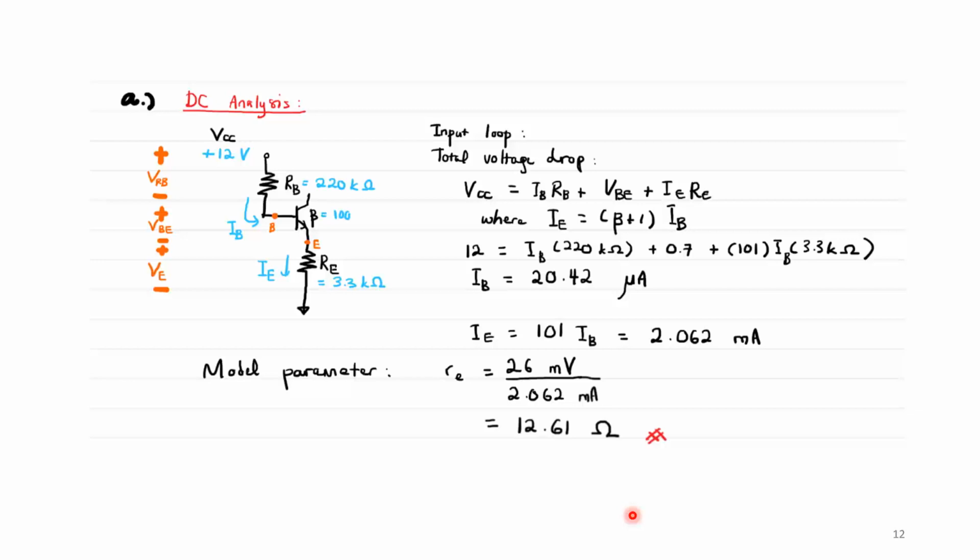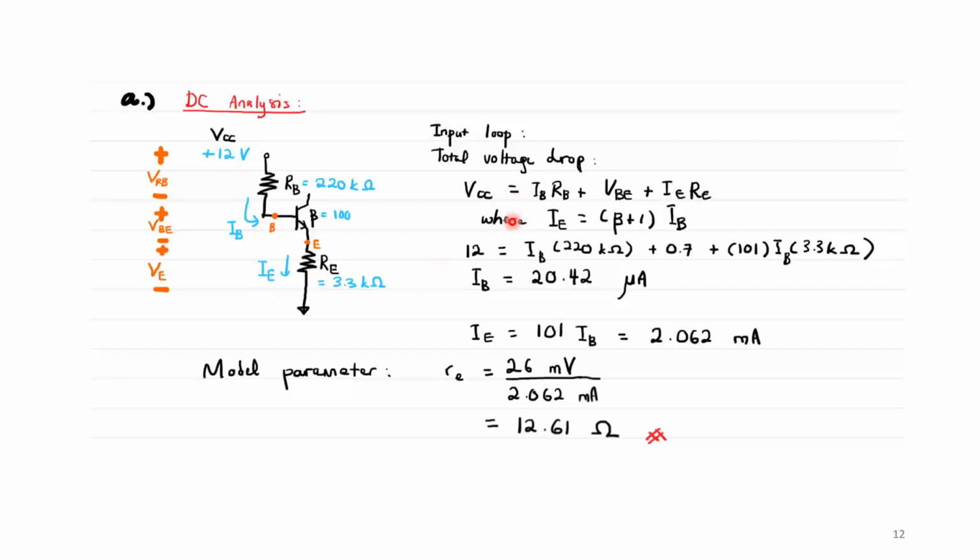For the DC analysis, we have RB and RE, so let's consider the input loop, using the simple concept of total voltage drop. The whole of VCC is equal to the voltage drop across RB plus the voltage drop across base and emitter and the voltage drop across RE.